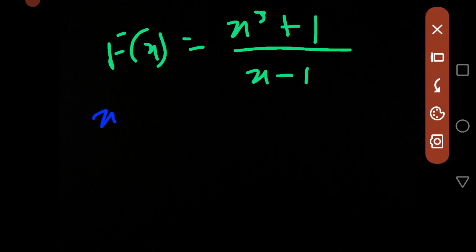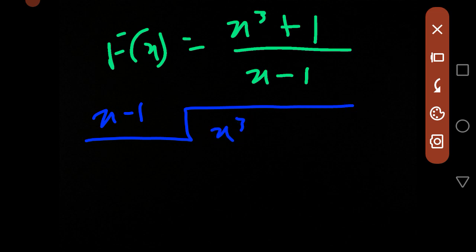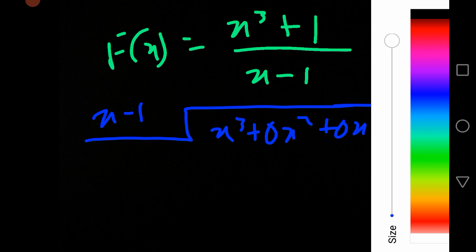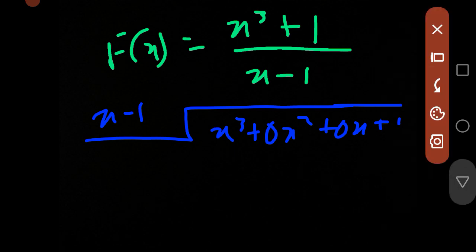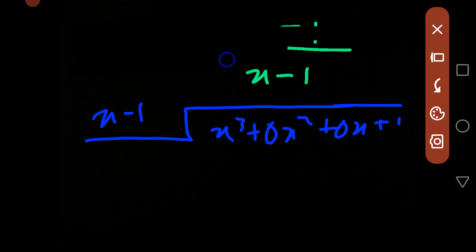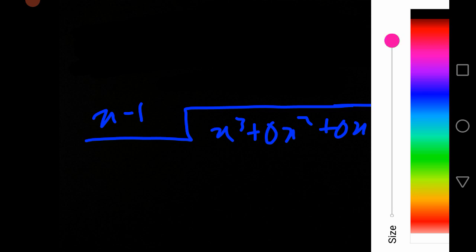So you're going to say x minus 1 into x power 3, in lovely descending orders of x, plus 0x squared plus 0x plus 1. I think I would rather write this on top so that I can express everything fully.